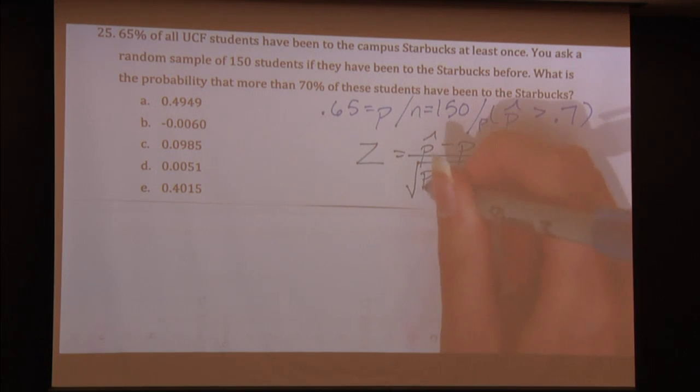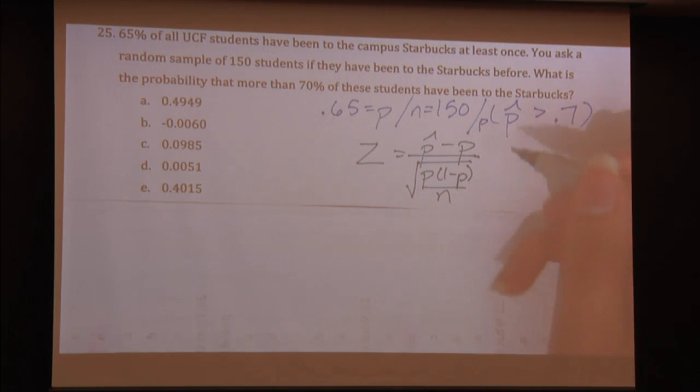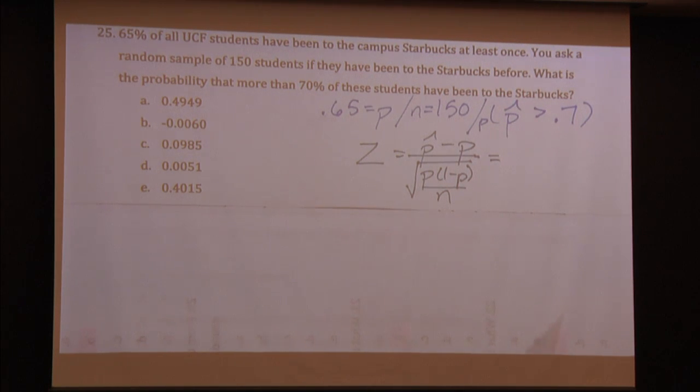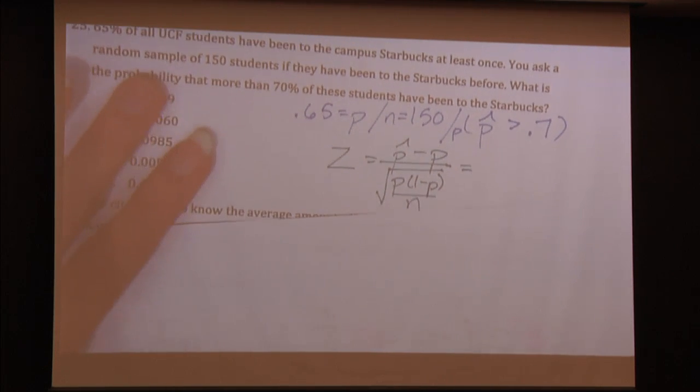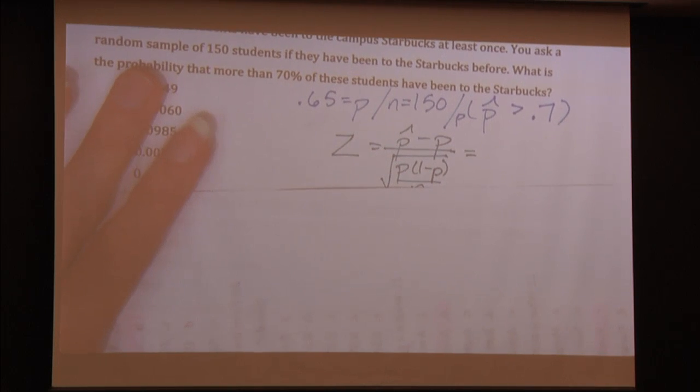Yeah, like I said, sorry, sometimes it's hard to hear you. So we have n, we have p hat, and we have p. So what do you guys get for the z when you plug this in?